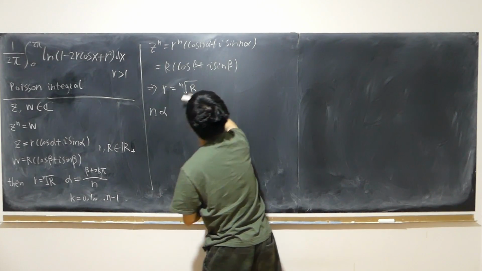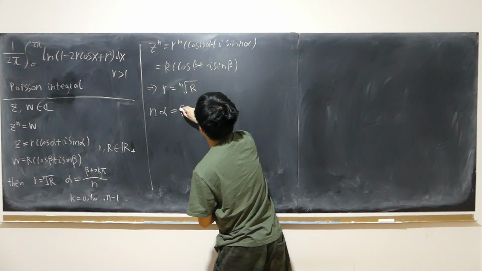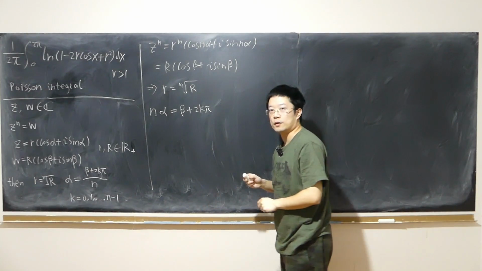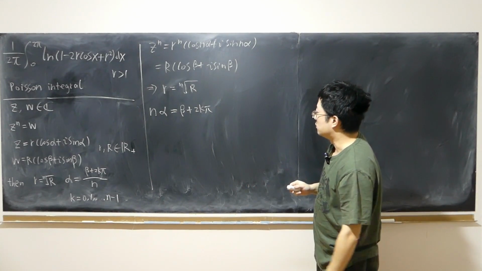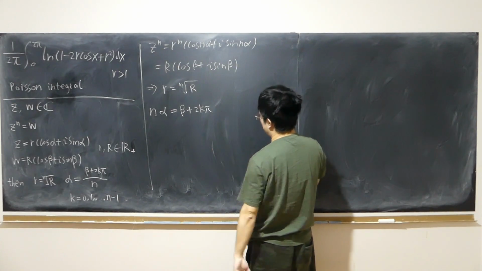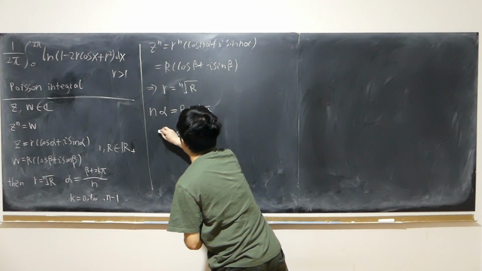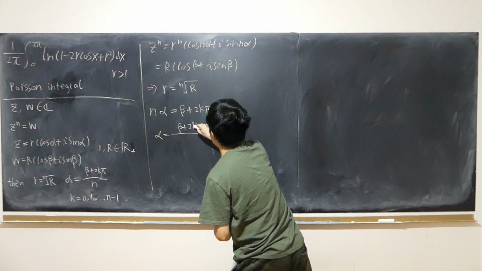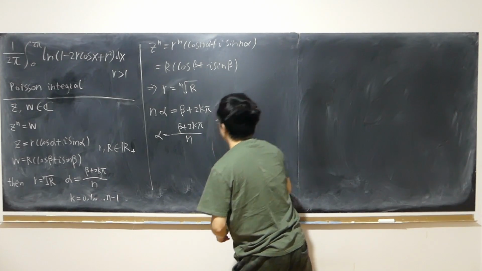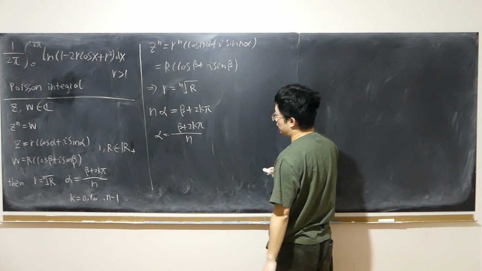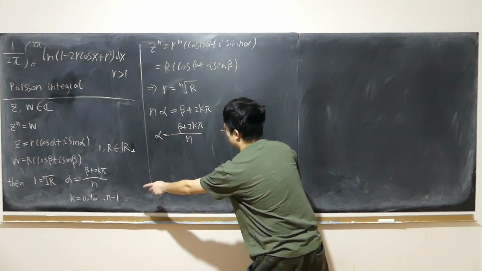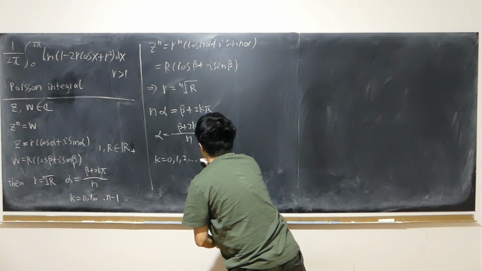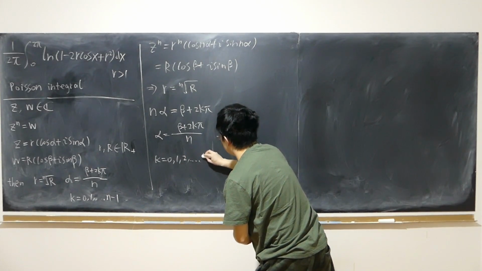In fact, n alpha should equal beta plus 2k pi, because remember, sine and cosine are periodic functions. Next we're going to determine the restriction of k. So alpha is equal to beta plus 2k pi over n. But k cannot go on forever. k may be equal to 0, 1, 2, all the way up to n minus 1.